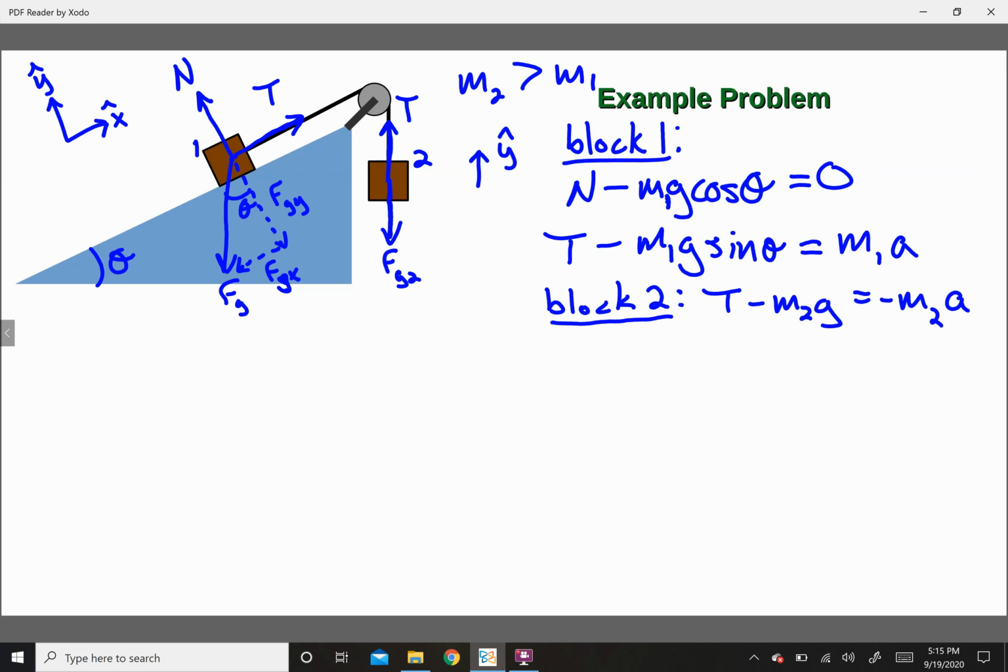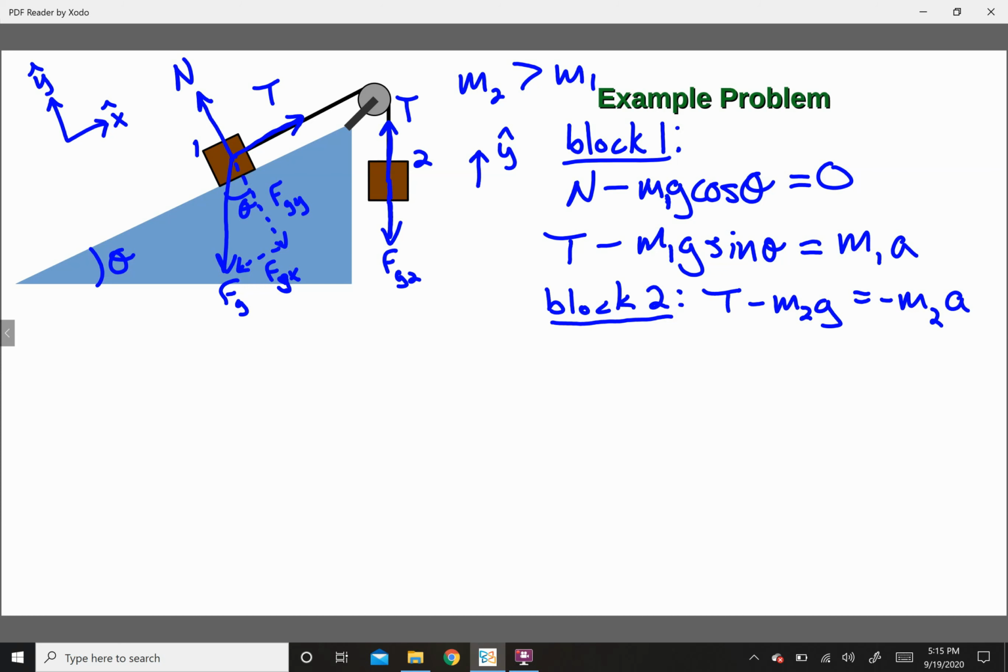Now, with a system like this, if the rope doesn't stretch, the first thing I should recognize is that if I move block 2 at all, block 1 has to move in the corresponding way, right? So they have to move together. So the acceleration of one block is going to have to be the same as the acceleration of the other block, okay? So the acceleration is the same on both.